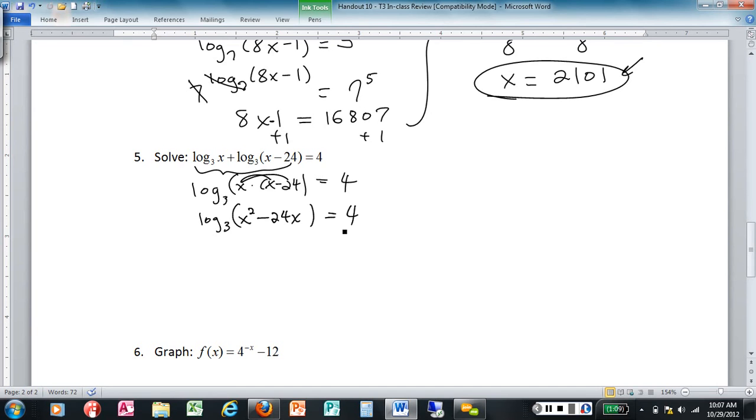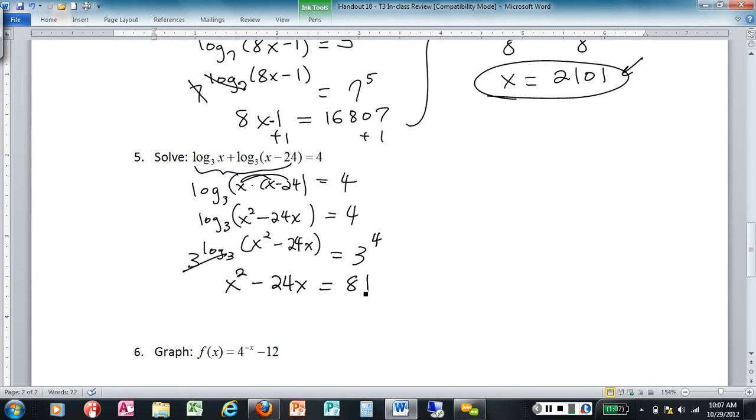Now we can exponentiate both sides. I've got base 3, so I'm going to exponentiate both sides to base 3, because then the base 3 and the log cancel out on the left side. So I have x squared minus 24x equals 81.